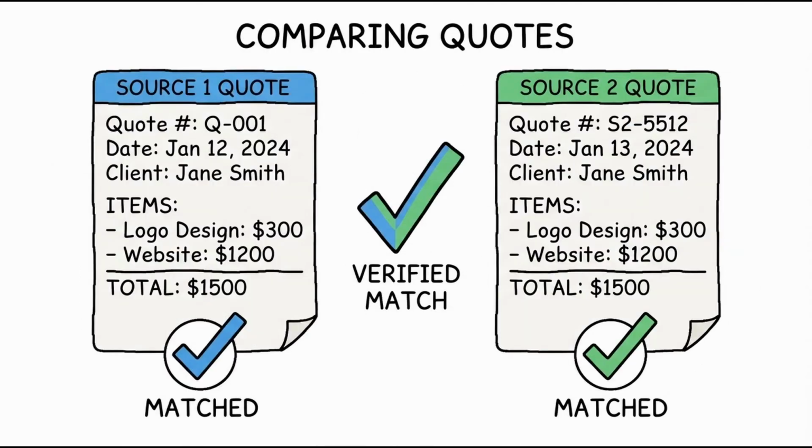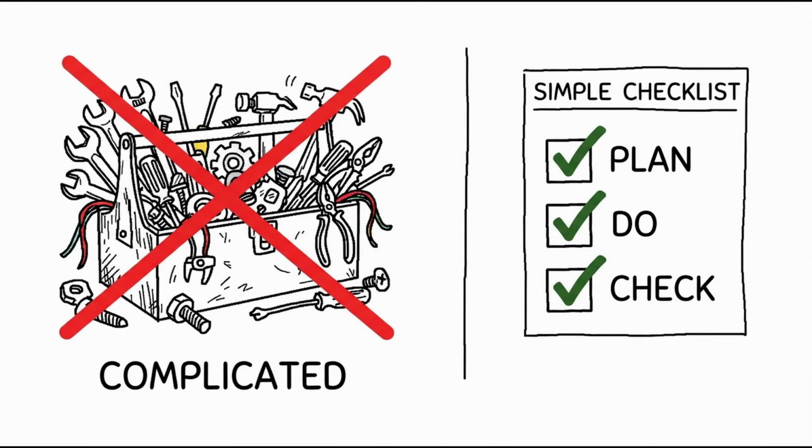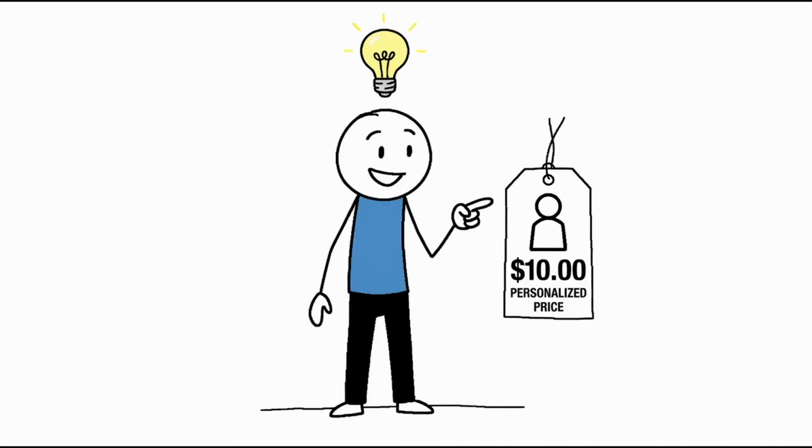Fifth move, for big purchases, flights, insurance, appliances, anything over a couple hundred dollars, get quotes from at least two unrelated sources before you commit. A second unrelated source is the simplest way to catch a price that was quietly built around you. None of these steps require technical skill or special software. They just require knowing the system is reacting to you personally in the first place and acting like it.